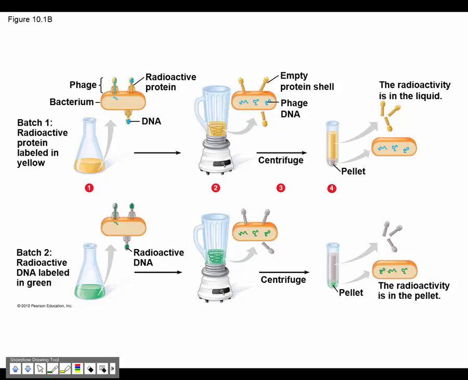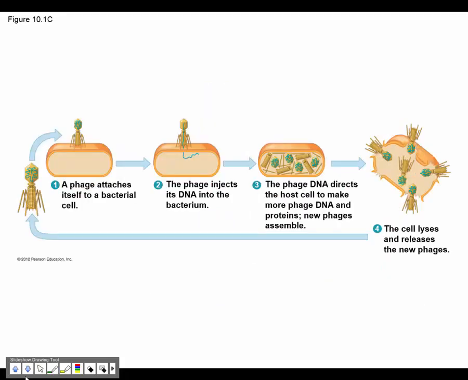First they put in the radioactive protein and infected the bacteria with this, then they went through the centrifuge, and the radioactivity was in the liquid, where the empty protein shell remained. But in batch 2, when they used radioactive DNA and infected the bacteria, then did the centrifuge, the DNA was actually inside the bacteria itself.